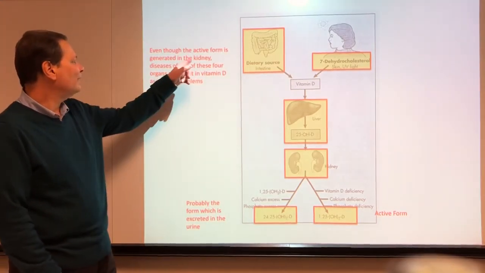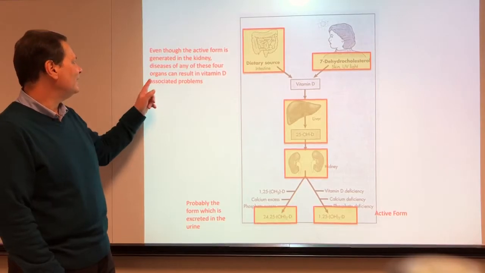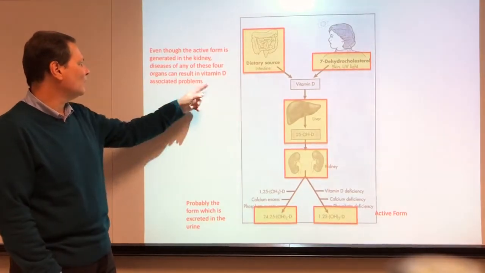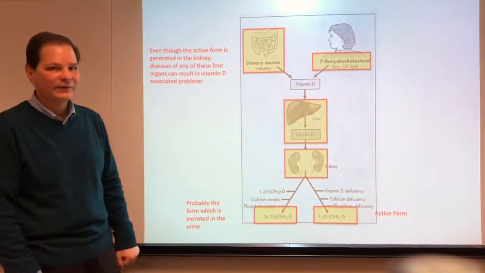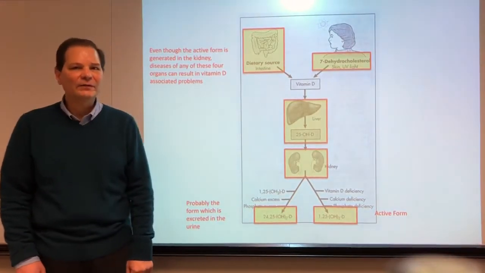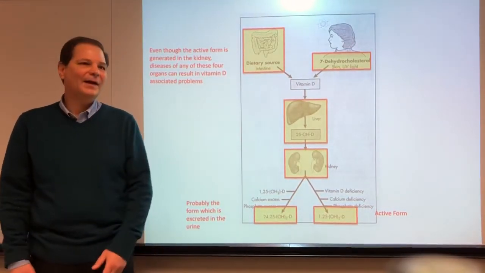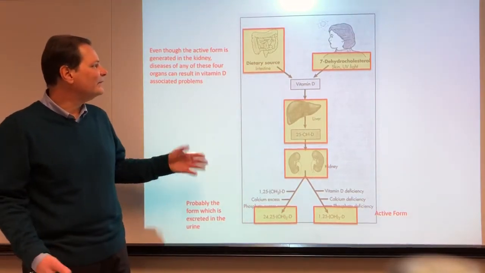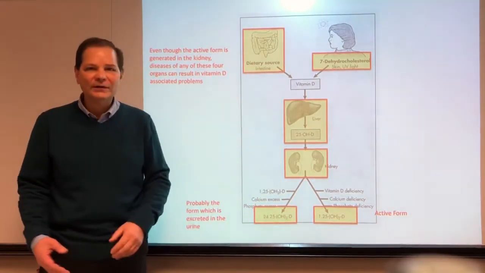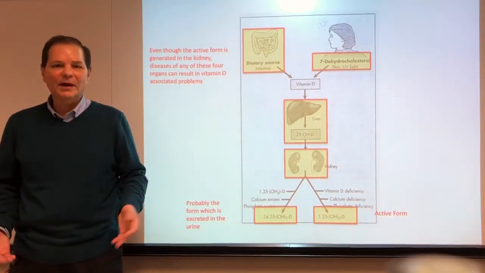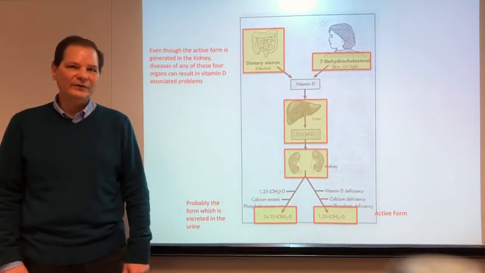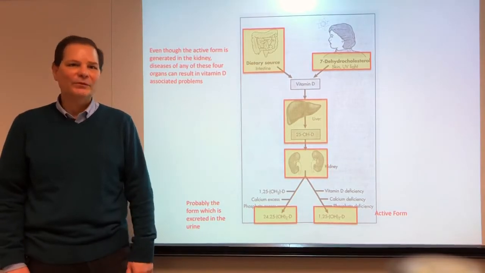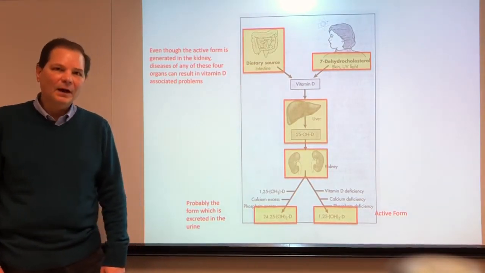Note that even though the active form is generated in the kidney, diseases of any of these 4 organs can result in vitamin D associated problems. So if you get a stem and it's a patient, and the patient has some disease that affects one of these 4 organs, particularly in this block, one of the things you should consider is that it may be a problem with vitamin D. All right?